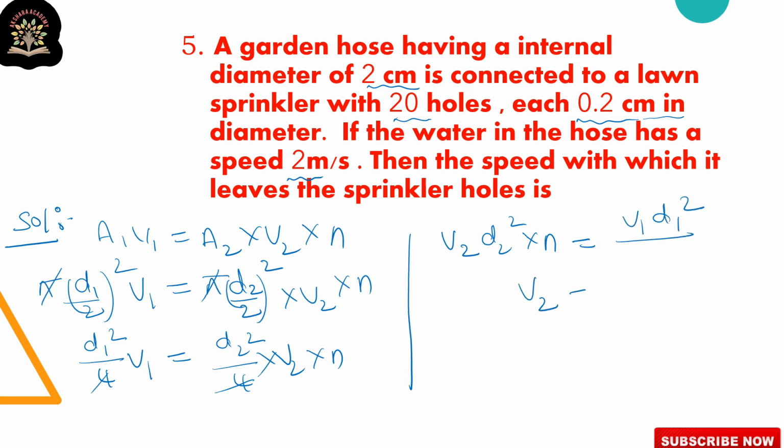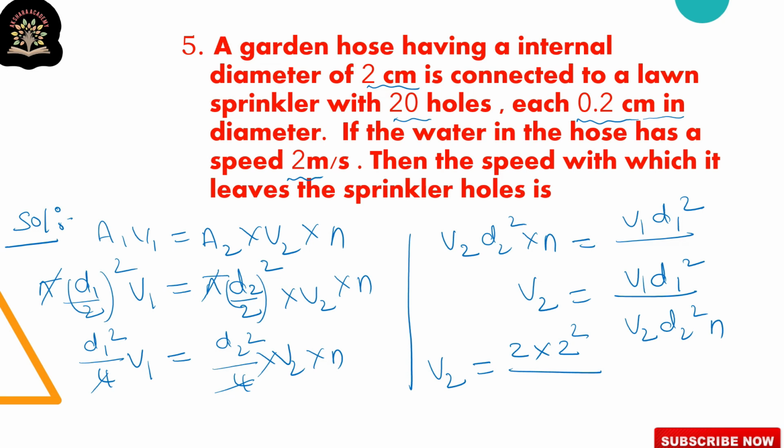Now V2 equals V1 D1 square by D2 square into N. Now substituting the values, V1 is 2, D1 is given as 2 centimeters, so 2 square, and D2 is given as 0.2 centimeters, so 0.2 whole square into n, the number of holes, 20.